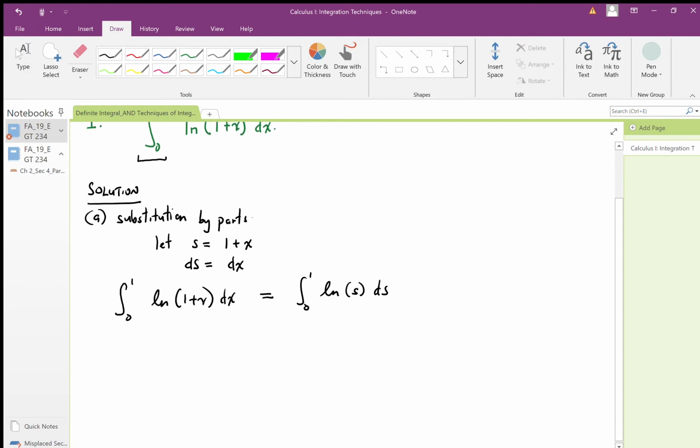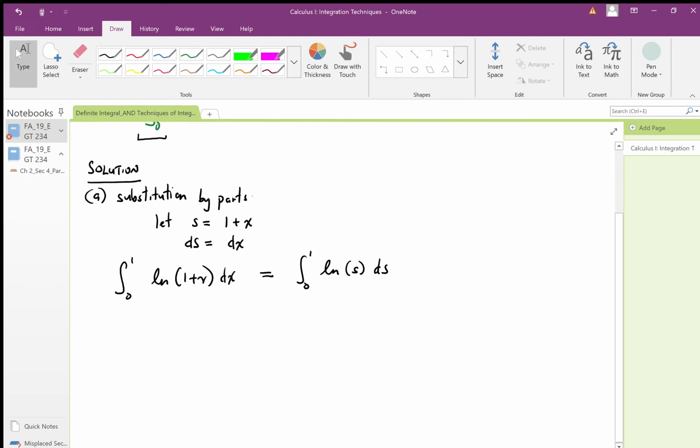I just rewrote it using substitution. Now I want to move further and evaluate this, the integral from 0 to 1 of the natural log of s ds, and I'm going to use integration by parts.